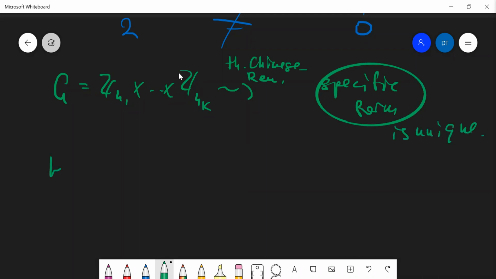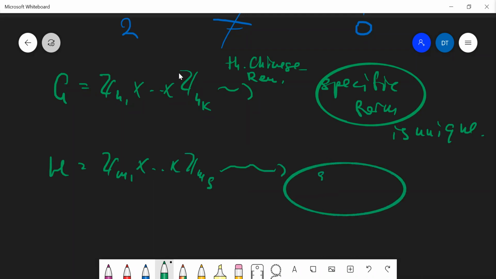So when you want to compare two different groups, you just rewrite each group in this specific form, and then you just compare these two forms. If these specific forms are exactly the same, then the groups are isomorphic. If these specific forms are different, then the groups are not isomorphic.